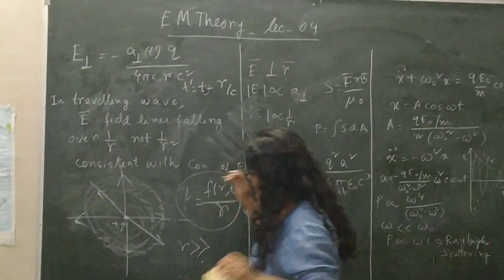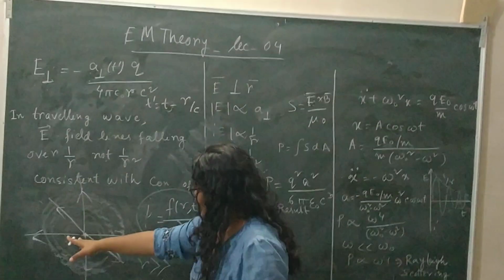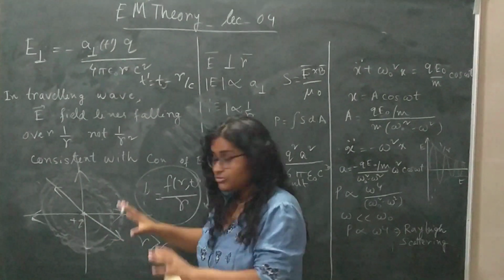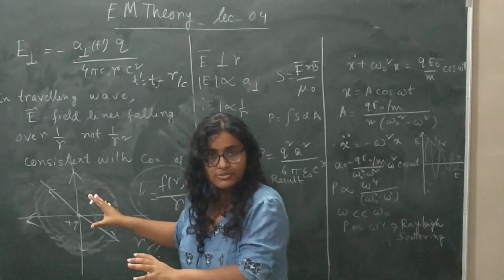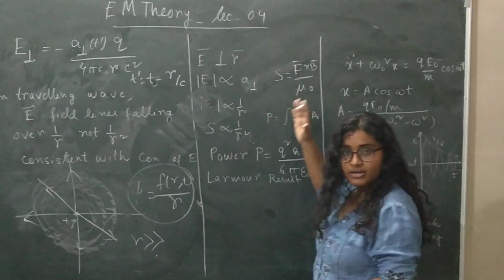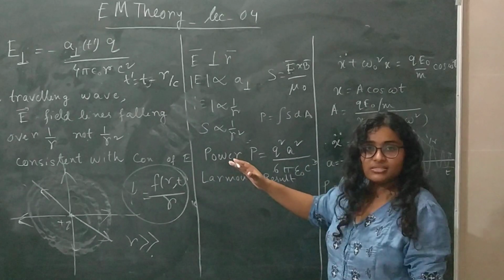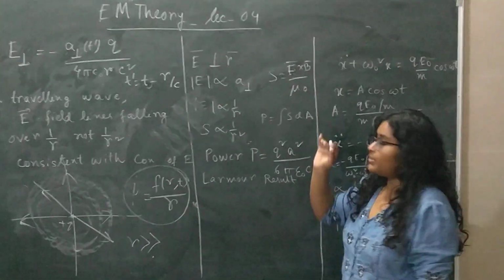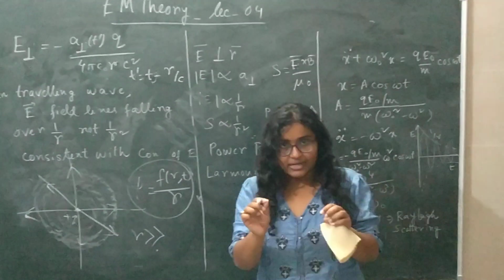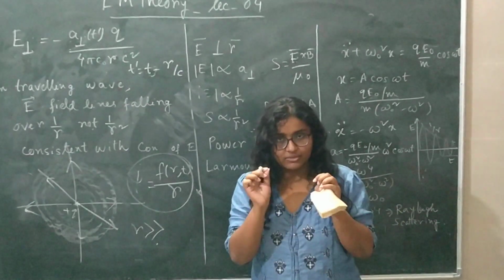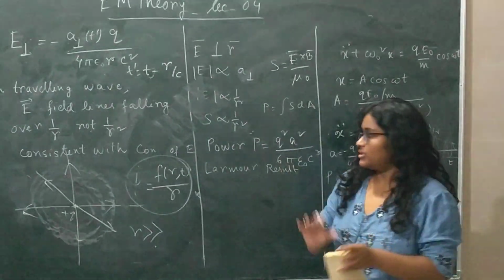If you are close to the charges, it is a source of spherical waves. Whenever you are far apart, you experience the spherical waves as a plane wave. That's why we write the solution of the electromagnetic wave as a plane wave solution.